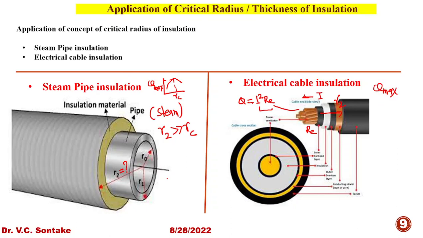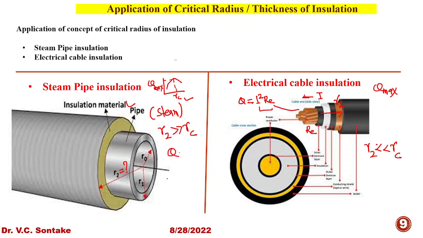And from the nature of variation of this curve, we want our PVC insulation to be in this range. So in this case, the outer radius of insulation should be less than the critical radius of insulation.